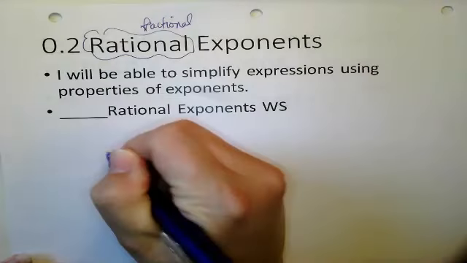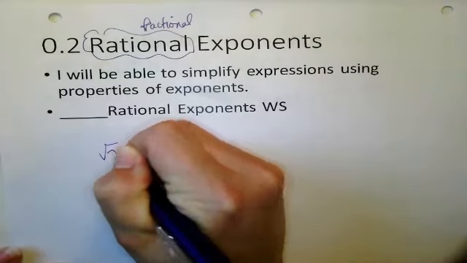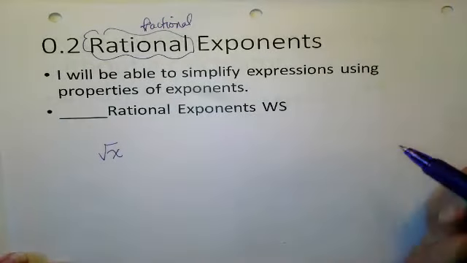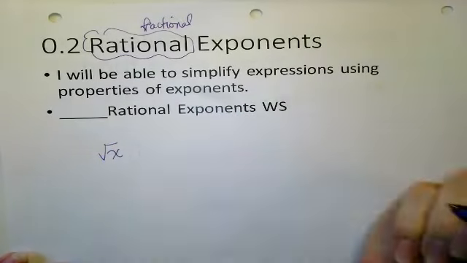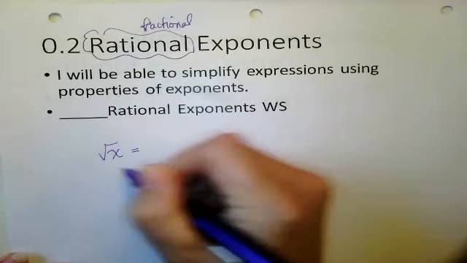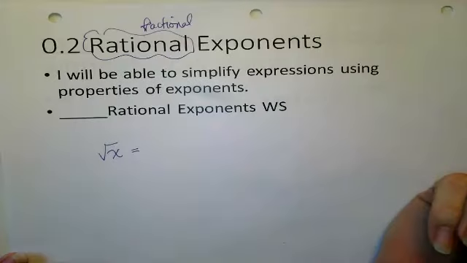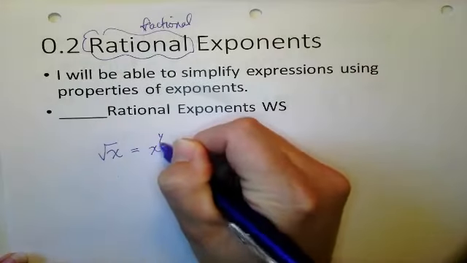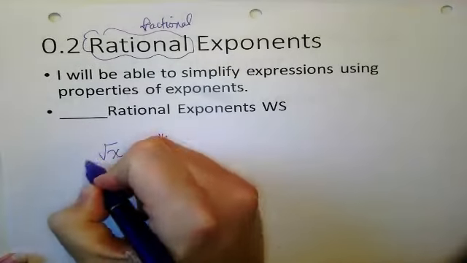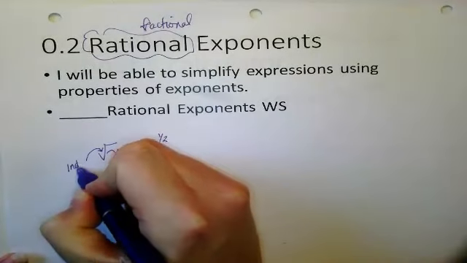And so we have, for instance, the square root of x. Well, this is the square root symbol, but more importantly, we can write the square root of x using an exponent, and that would be x to the 1/2. So if you remember, this is what we call the index.